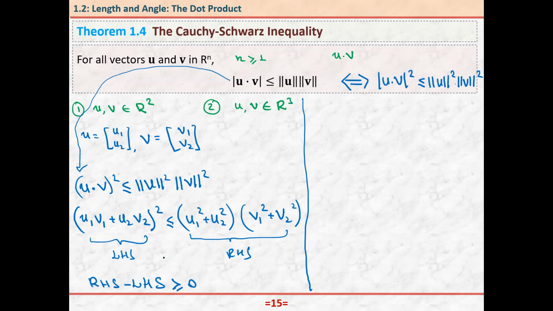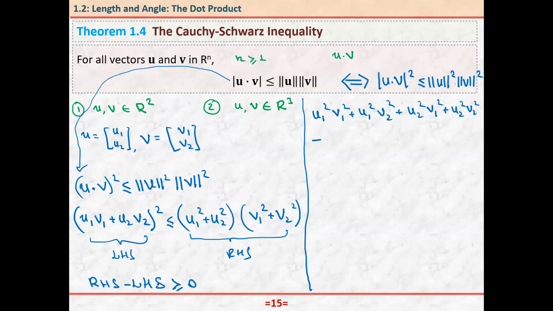Now if we write the right-hand side, I need to multiply each term by each term. So we will have u1 squared v1 squared plus u1 squared v2 squared, and the second part is u2 squared v1 squared plus u2 squared v2 squared.